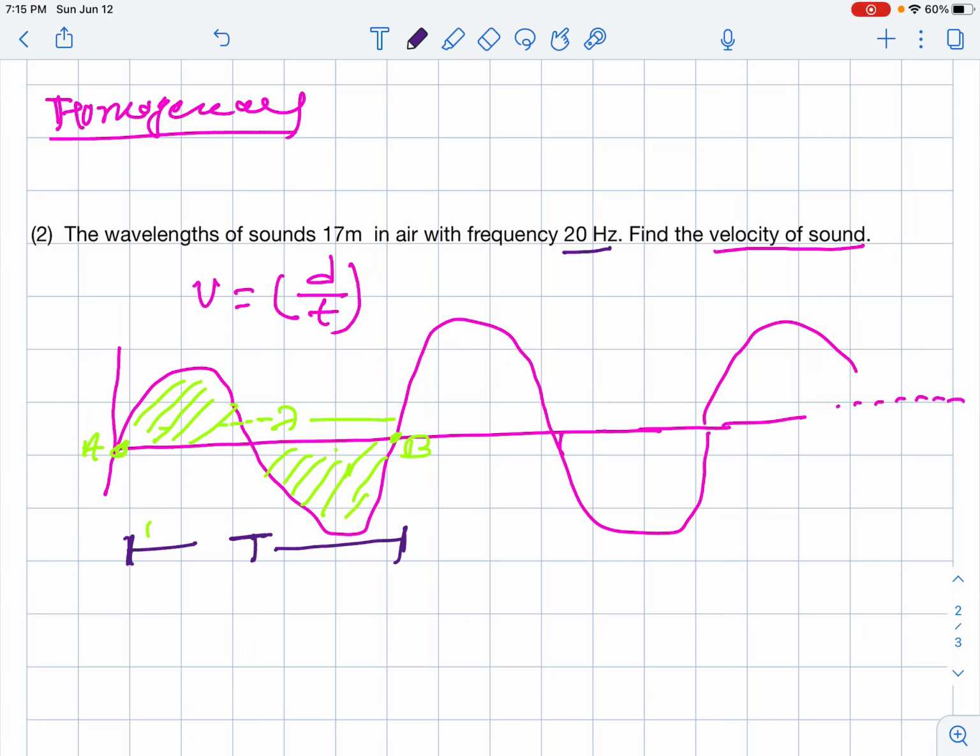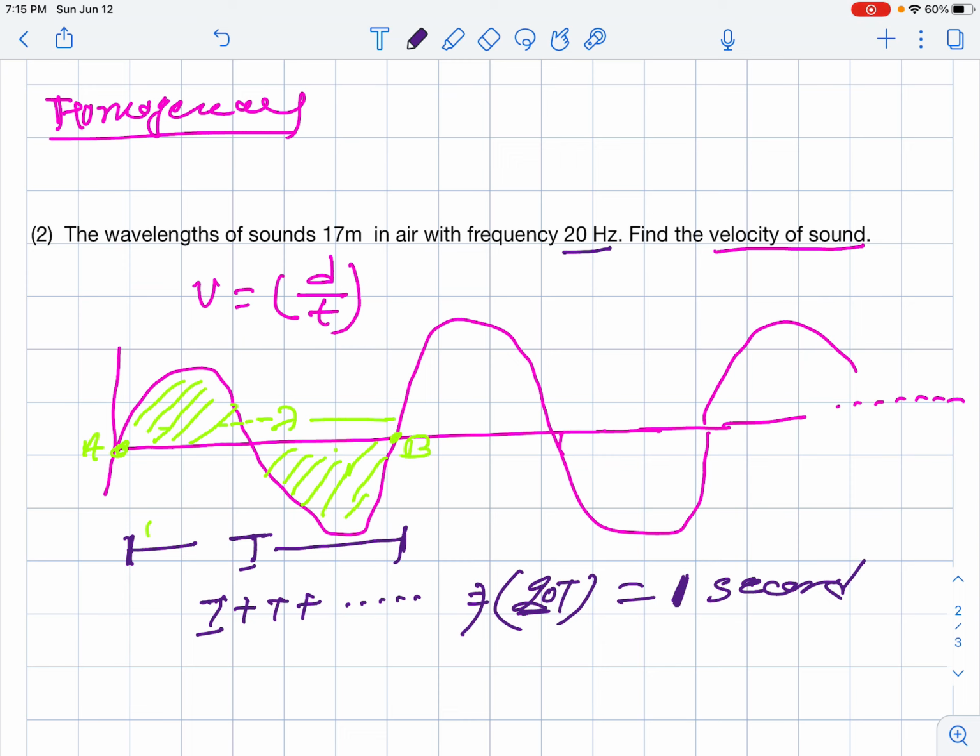So t plus t, up to 20t, is the total time, where the first cycle is complete. Total time is 1 second. This is 20, and this is called frequency.